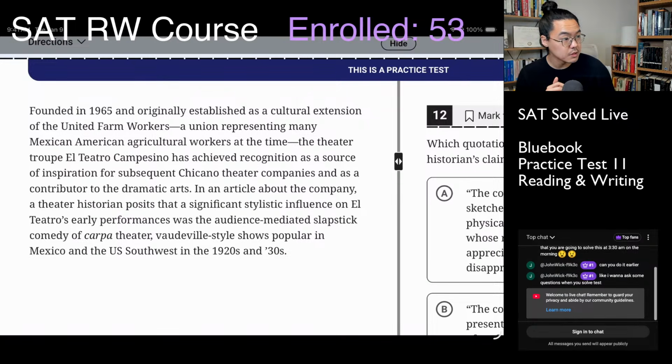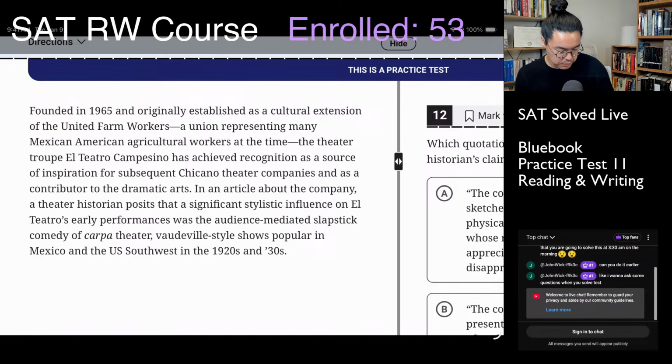12. Founded in 1965. Established as a cultural extension of the United Farm Workers. Campesino. Chicano Theater. Cool. Introduction.